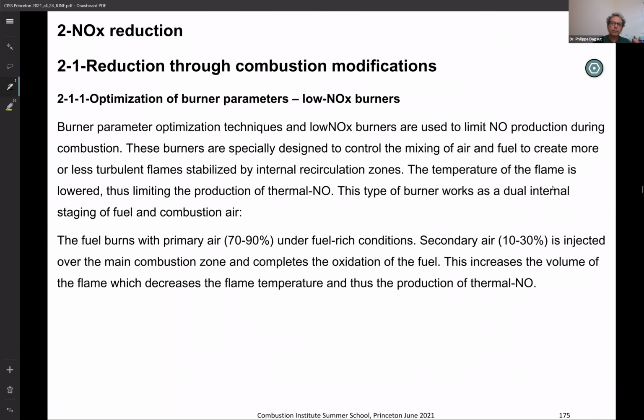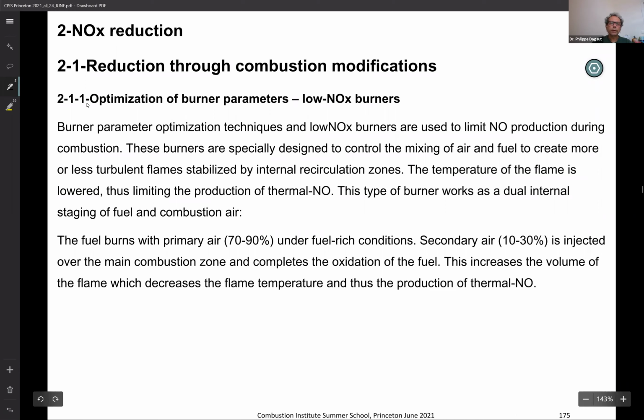So there have been several attempts to reduce the emissions of NO. There are different approaches. Either you try not to produce NO, or you produce NO and you try to make it react with another species to reduce it and form molecular nitrogen.